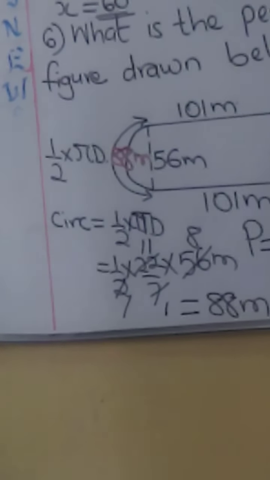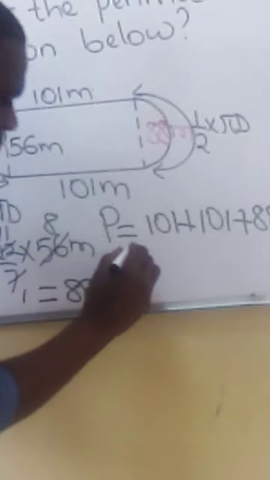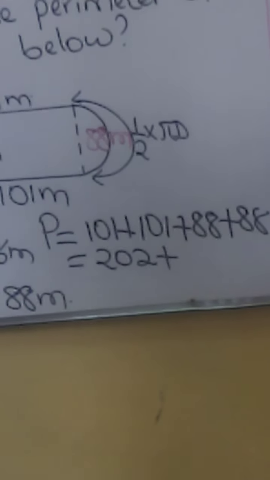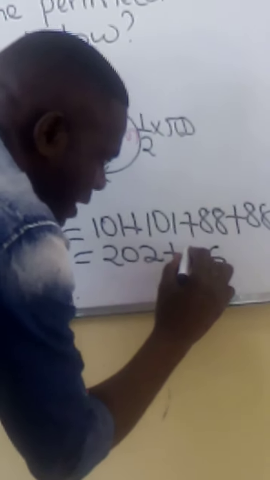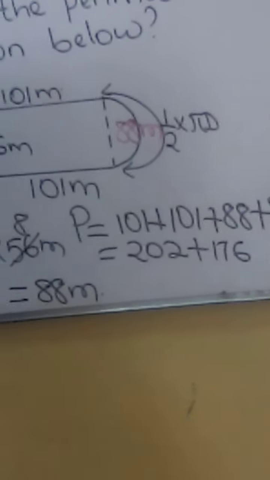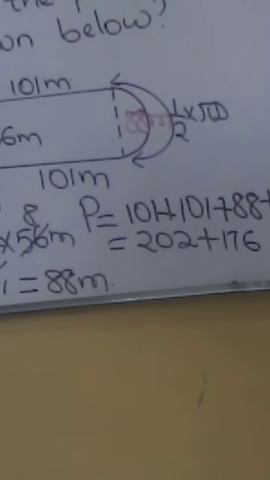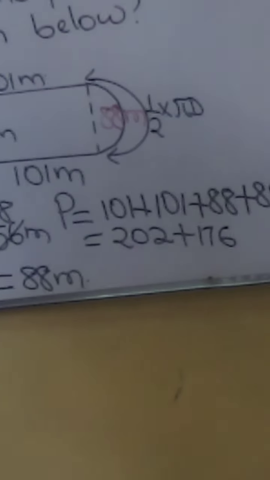So 101 plus 101, that gives us 202. 88 plus 88, that is 16 carry 1, 176. When we add 176 to 202, we will get 378.